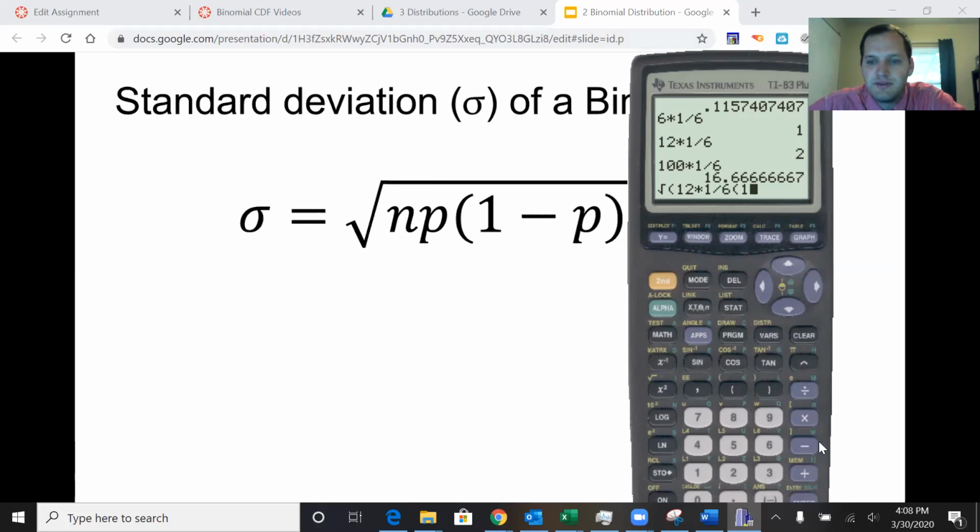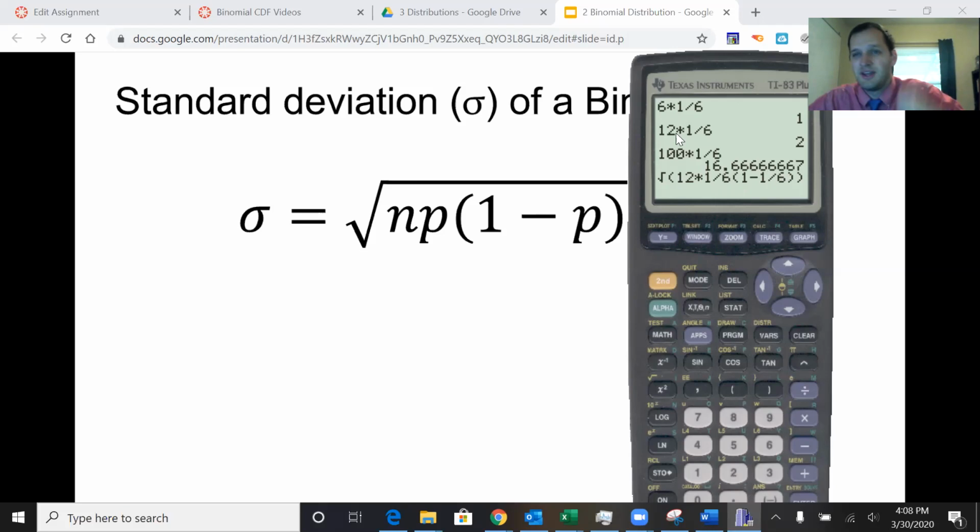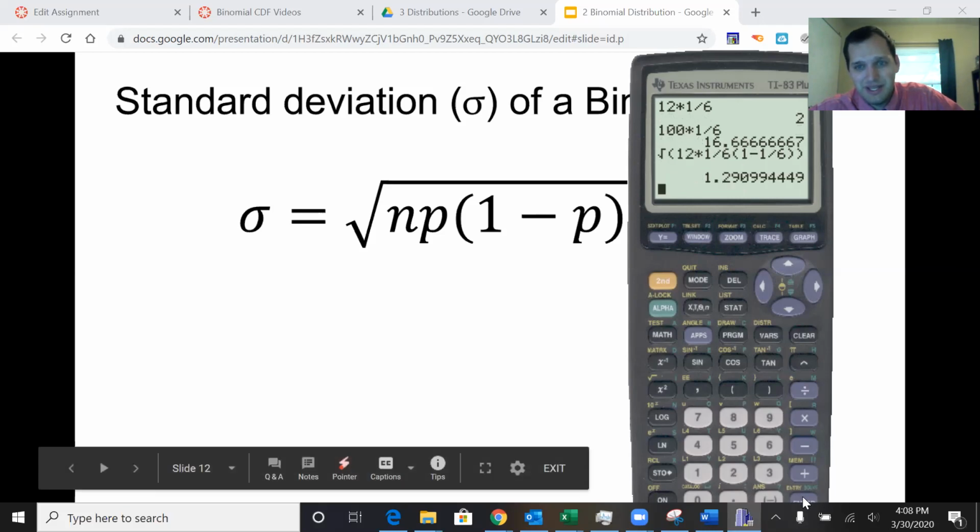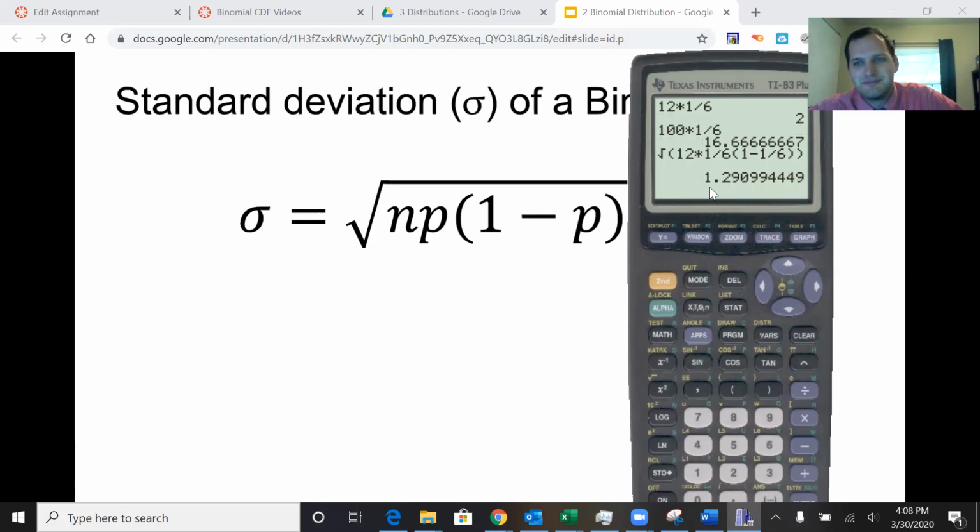Then 1 minus 1/6. Then you close all your parentheses. Let's see, I opened parentheses twice, I close them twice. If you have a newer TI-84, you don't need to worry about parentheses, it's just cool. We hit enter, 1.29 on average. So on average, it's about 1.29 higher or lower. Okay, that's roughly where it would be.